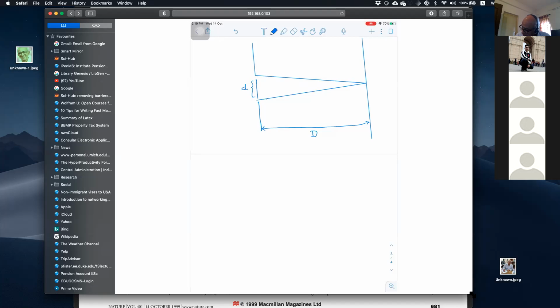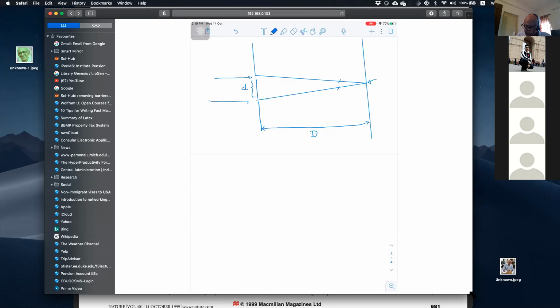If you think of a point somewhere here, the waves which have traveled through this slit will arrive there. The waves which have traveled through that slit will also arrive there. If you compare this path length with that path length, the way I have chosen this point, the path lengths are the same, correct?